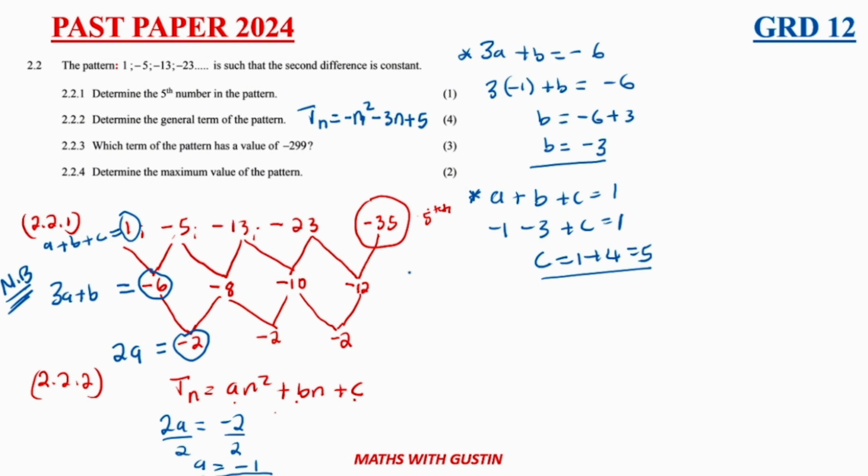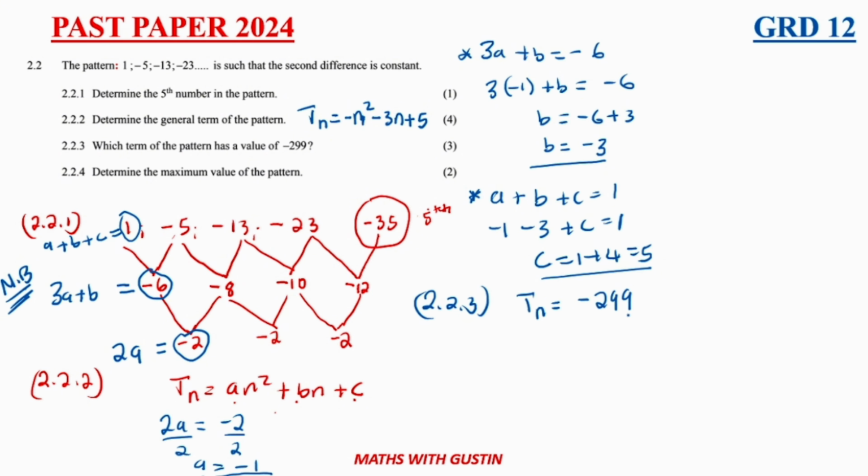All right, great stuff. So moving right along, let's move on to 2.2.3. 2.2.3 says which term of the pattern has a value of -299. So they are just asking us which term has -299. So what are you looking for?